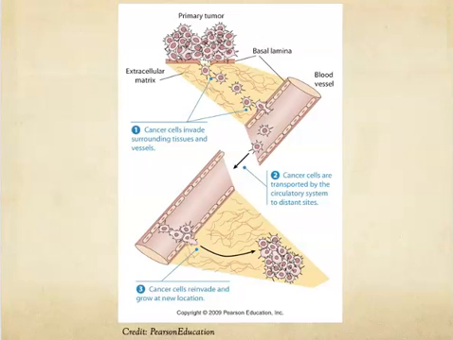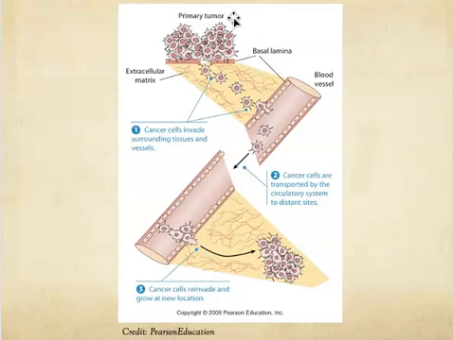On this slide, we're looking at a diagram that walks us through those steps of metastasis. Remember, it all begins with a single cell that was mutated or epi-mutated through the process of initiation. And then it was exposed to something that promoted cell division.